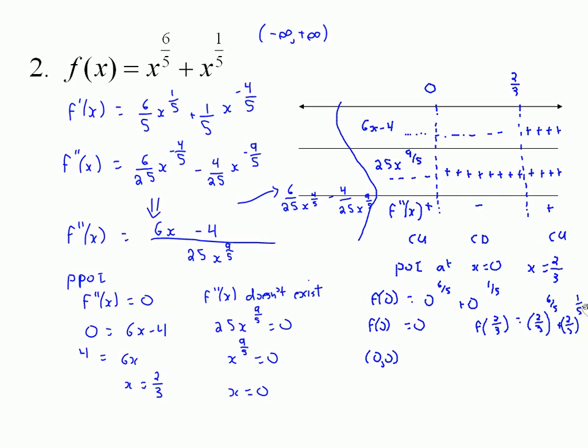So 2 divided by 3 in the bracket, raised to the exponent of open bracket 6 divided by 5, plus 2 divided by 3 raised to the exponent of 1 divided by 5. And I'm getting 1.5. This is not the way you normally like to do things, but I'm going to keep it as 1.5.